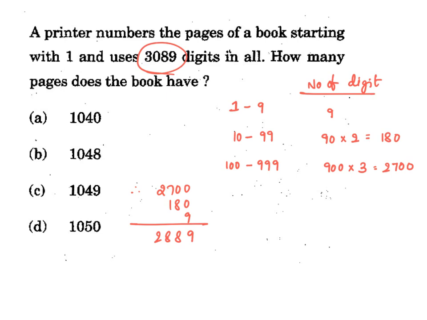From here onwards, it's 4 digit numbers. 200 digits by 4. So you are using how many 4 digit numbers? 50 four digit numbers. 4 digit number starts from 1000. 50 numbers means including 1000 it has to count. So it is up to 1049 because you are counting 1000 also. So answer is C.